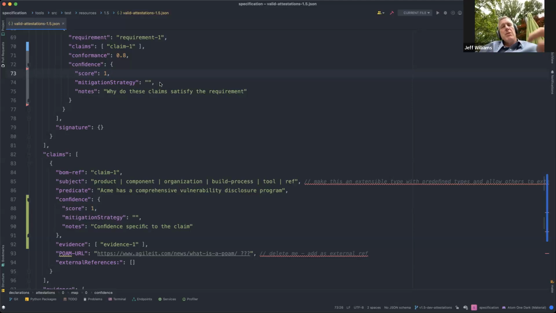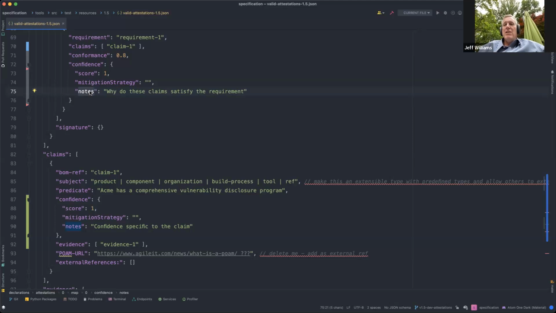Sorry, I'm thinking here. Isn't this the place where you would argue that the evidence meets the claim? This is somewhere we've got to say, hey, I've got these three pieces of evidence, and together they create an ironclad case that I met this requirement.